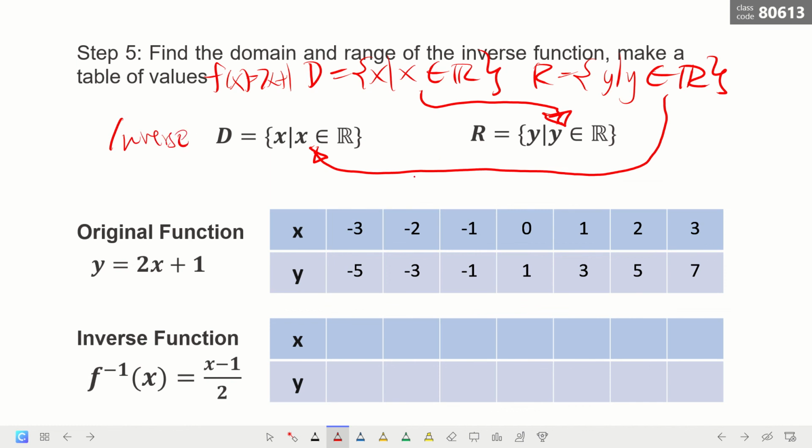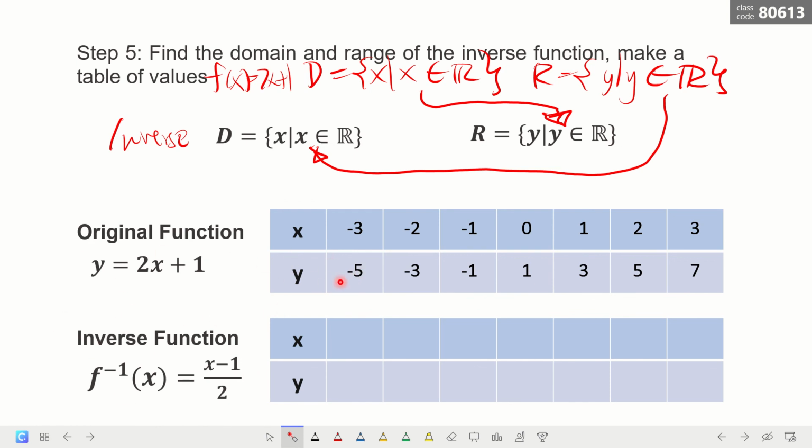So, since that is the case, kapag gagawa tayo ng table of values, para hindi na tayo mahirapan maghanap ng mga values, papalitan na lang natin tong dalawa. So, the range of our original function will become the domain of our inverse function.